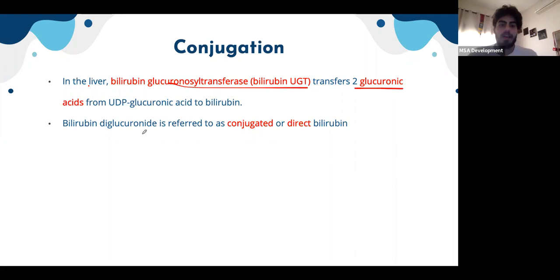Okay, and this bilirubin diglucuronide is the one that is conjugated or direct. Okay, it's pretty easy to remember that this is the conjugated one because we said that the last reaction gives two glucuronic acids, and this one here is diglucuronic acid, right? So this is the one that's conjugated.